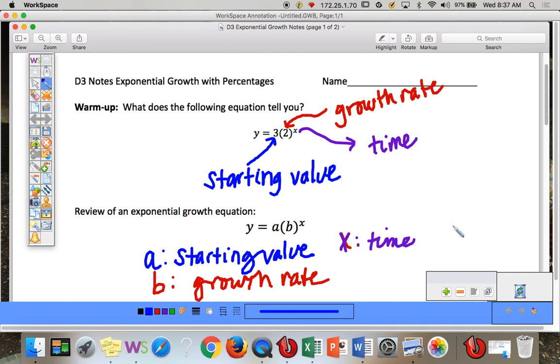Sometimes you might see an equation that looks like this, y equals 2 to the x. If I ask you what the starting value is, the starting value here, a, is actually a 1. The reason that I know that 2 is the b, the growth rate, is because it has the exponent. So if it has the exponent, this is b, and then the starting value would be 1, an invisible one that they don't write in.